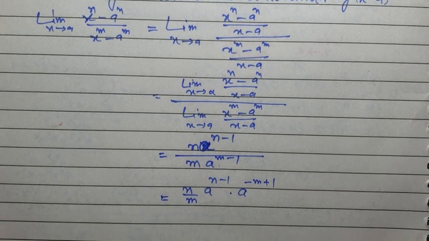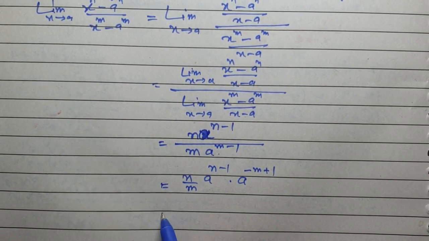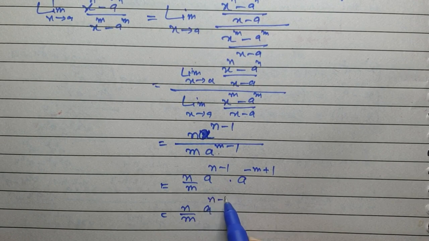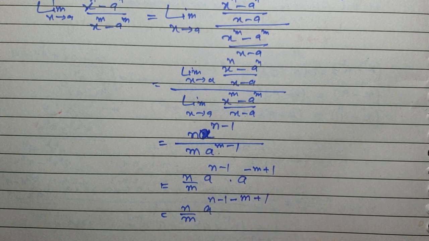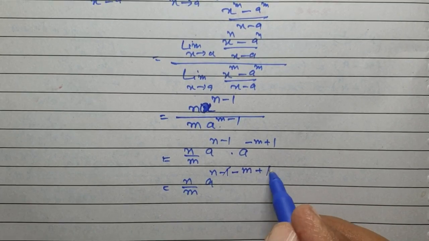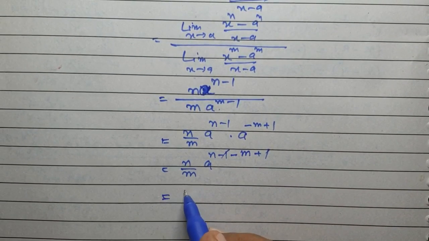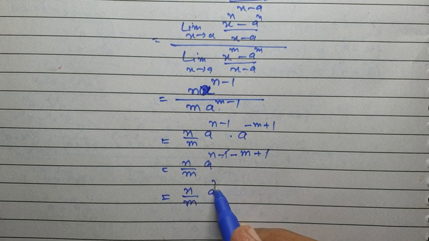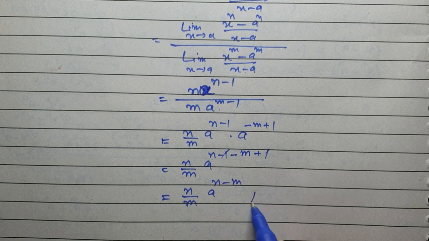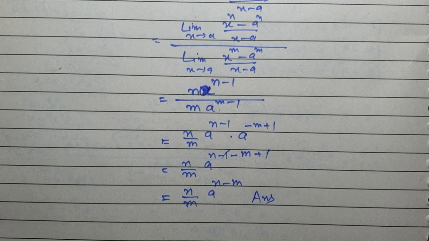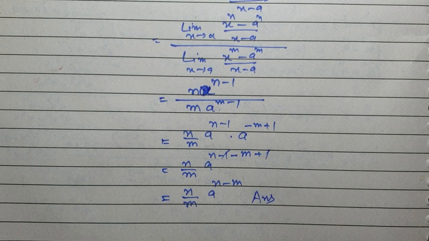We take the powers together. A raised to power n minus 1 minus m plus 1. We have n by m a raised to power n minus m. This is the answer of this question.